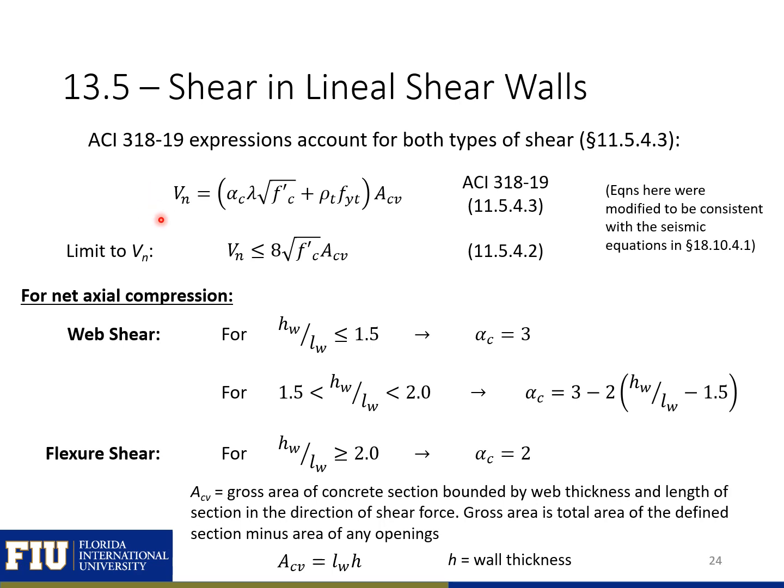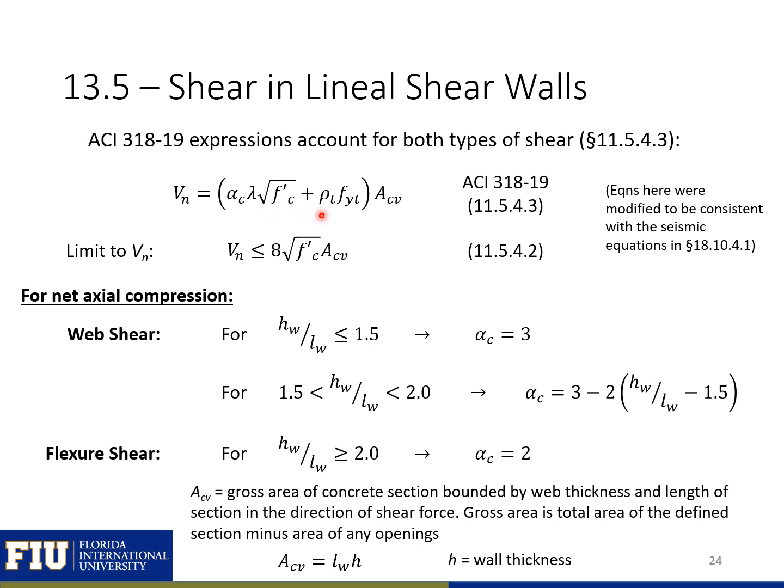So you can see the equation depends on this alpha C factor, which depends on the aspect ratio of our wall and whether we have net axial compression or net axial tension. The lambda factor takes into account whether we have lightweight or normal weight concrete. Our concrete compressive strength, so square root f'c, was common for our shear expressions.